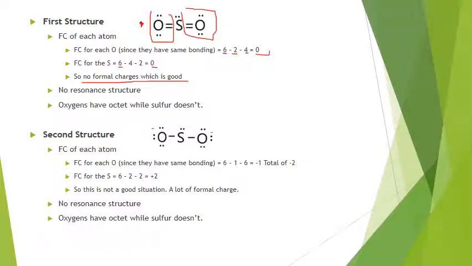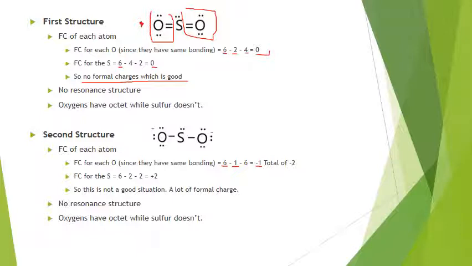Now the second structure, where we came up with each sulfur having a single bond. Here what we did was we moved the double bonds of each oxygen out as a single bond and 3 lone pairs. We're going to figure out the formal charges first. Each oxygen has 6 valence electrons, 1 dash, and 6 dots, so it has a formal charge of -1.